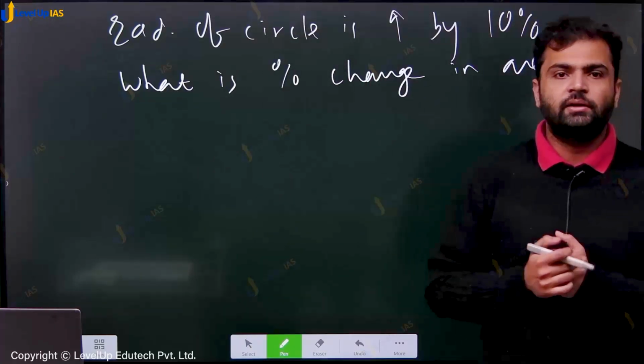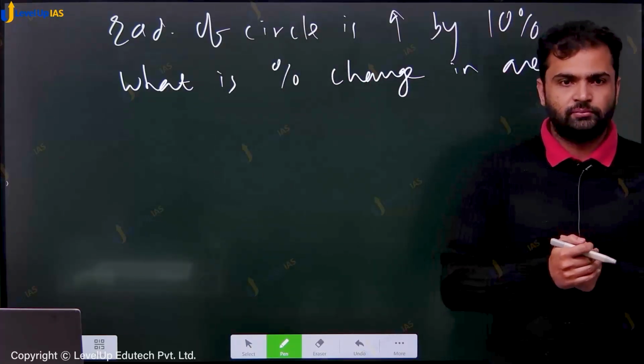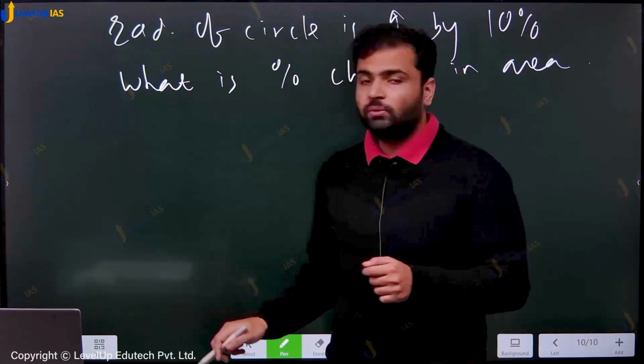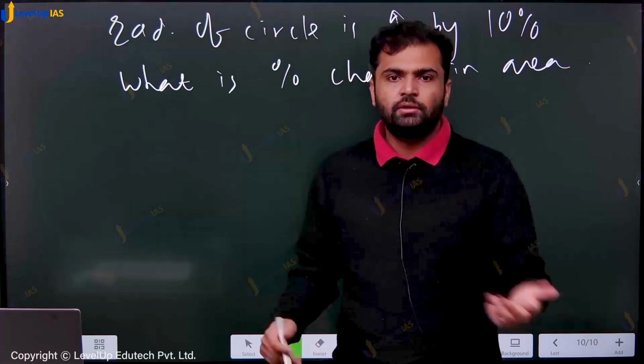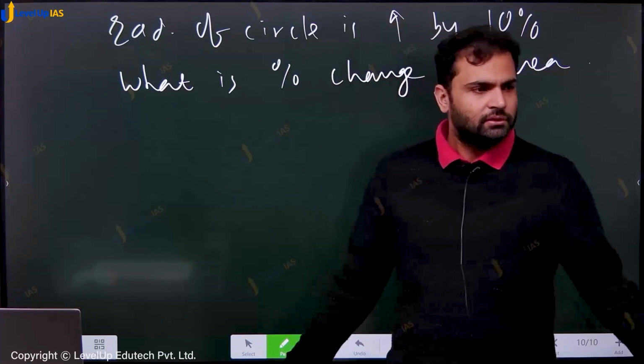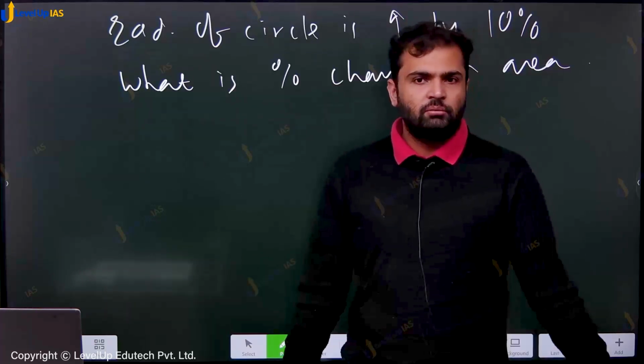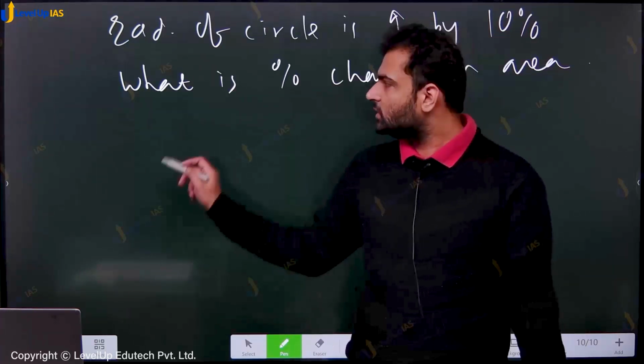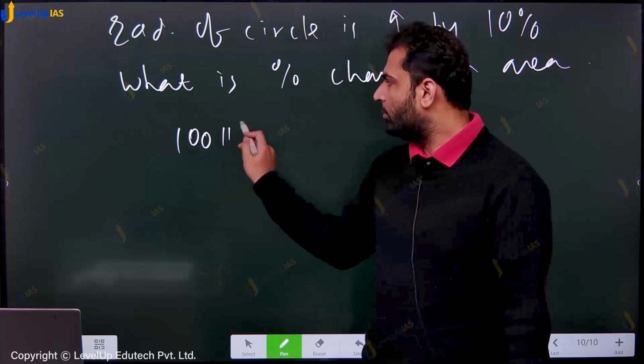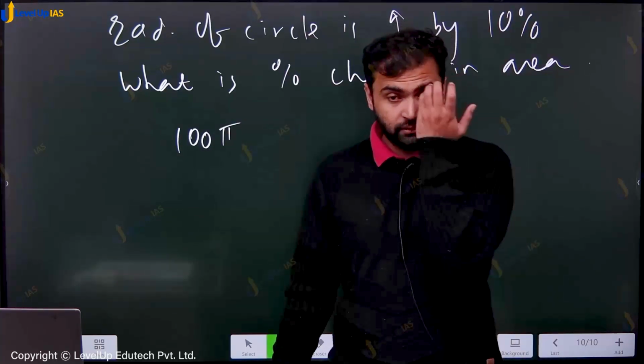हो गया? क्या आ रहा है? 21%। Where did you begin with? 10 ले लिया। Okay, so initial radius, let it be 10, so initial area would be pi into 10 square, which is 100 pi, है ना?